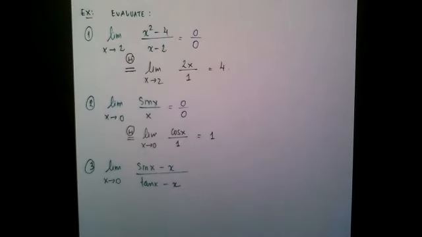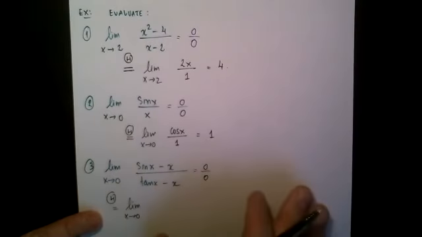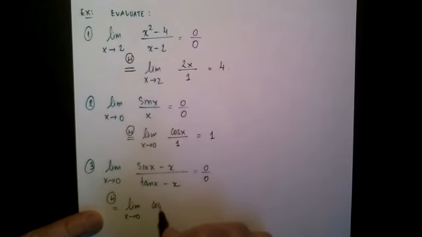So the first thing I do, I replace 0 inside. Sine of 0 is 0, minus 0 is 0. Tangent of 0 is 0, minus 0 is 0. I could do L'Hopital's rule. Equals, L'Hopital H, limit as x approaches 0, and I'm going to differentiate the top. So I get cos of x minus 1 over the derivative of tangent, which is secant squared x minus 1.